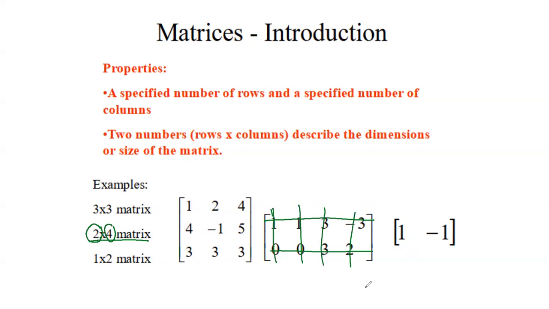So when you describe the dimension of a matrix, you spell out how many rows you have, multiplied by how many columns you have. So when you hear those terms, order of the matrix or the dimension of the matrix or the size of the matrix, you normally describe it in terms of how many rows and how many columns you have.